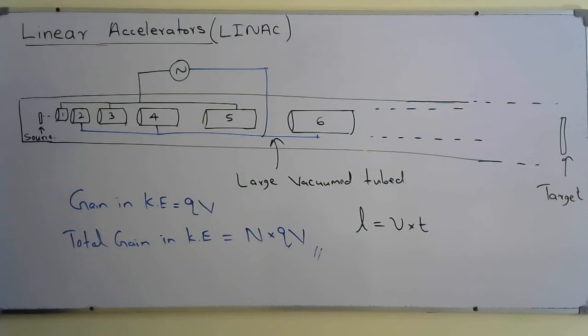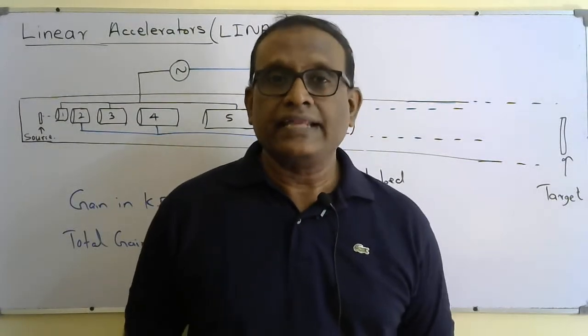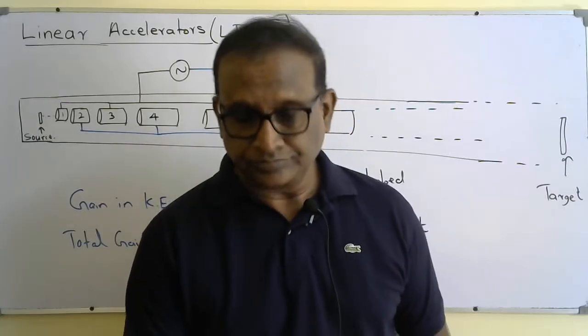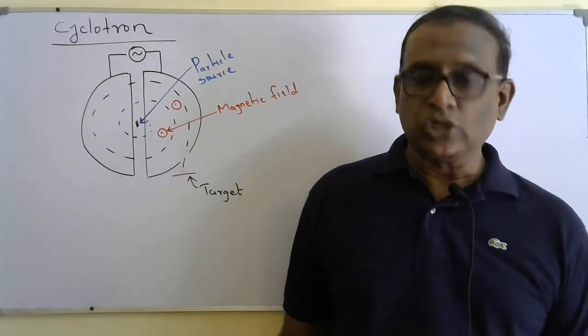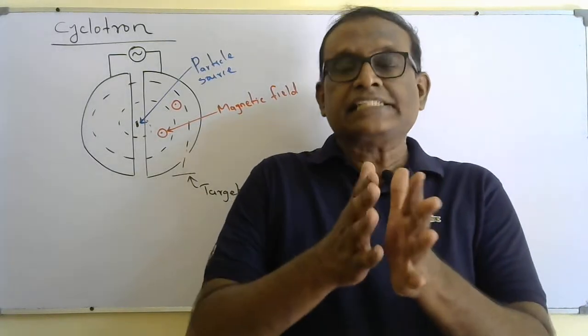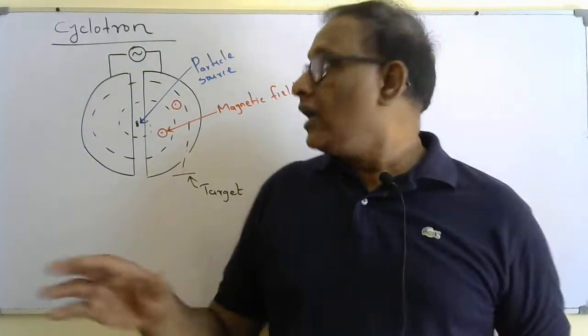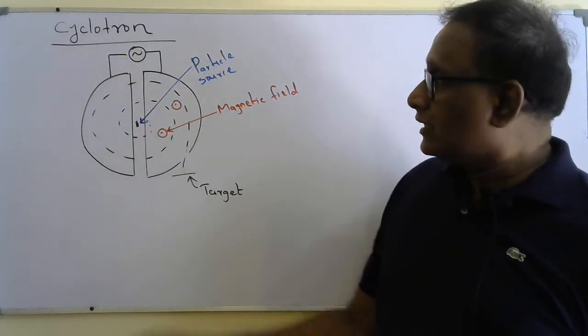Okay, so to overcome this problem, they designed the cyclotron. This is the block diagram of a cyclotron. The cyclotron consists of two D-shaped hollow cylinders. There's a small gap between the two cylinders.